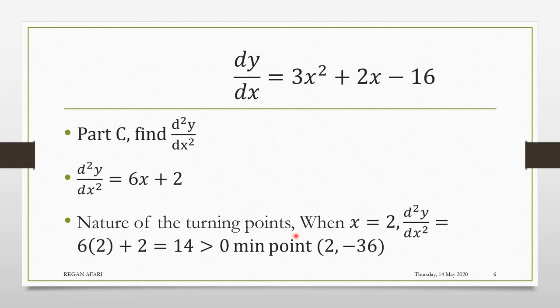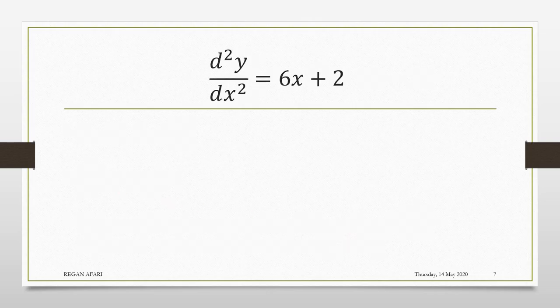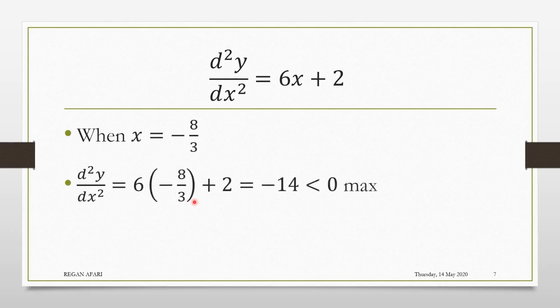So now let's go and substitute x equals negative 8/3 into the second differential. Right, so when we do that, we have negative 14. Okay, so this is the second rule. Whenever the second derivative is negative, we say that that turning point is maximum.